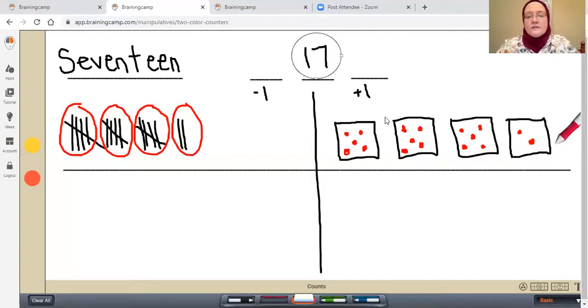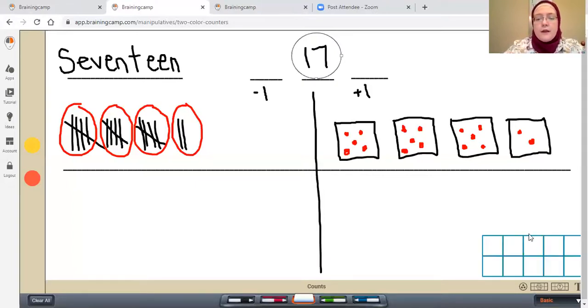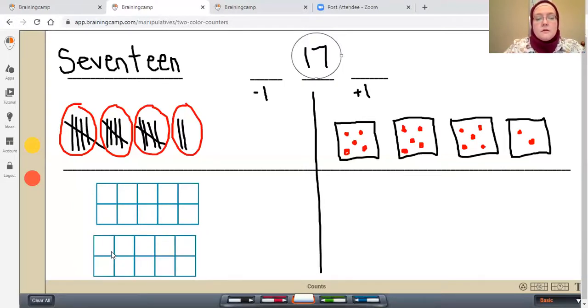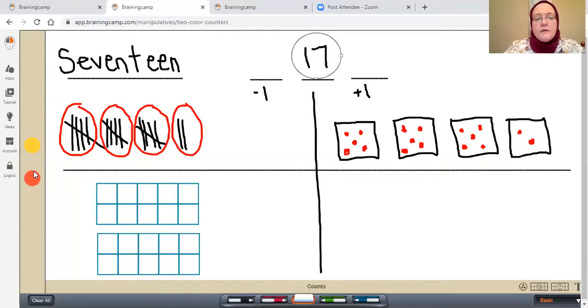I can also, let's choose another color. We can actually use a 10 frame to represent. Let's go ahead and put some on there. Oops, let's put that one up here. Count along with me.